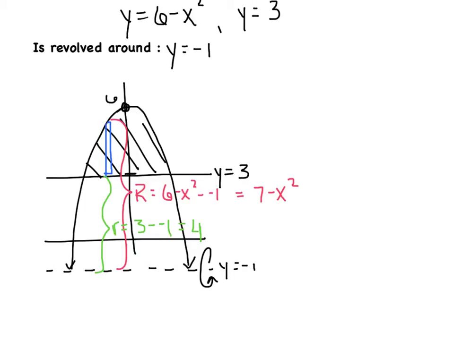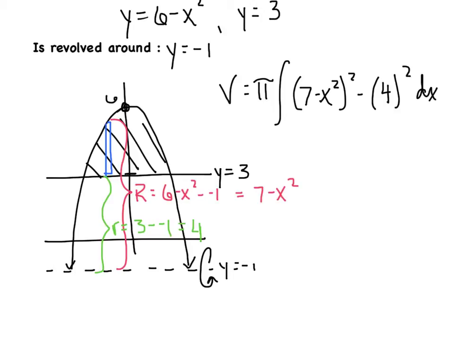Alright, now as far as the volume goes, we got pi, we got the integral, we got our outer radius, wrap it up tight and square it. Minus the inner radius, wrap it up, square it. What's the one thing that I've totally neglected so far and that I cannot finish without? I've got to get these bounds, don't I? Now, the good news is this graph is symmetric with respect to the y-axis, so what I'm going to do is integrate from 0 to something and then double my entire answer, and that's very legal and highly recommended.